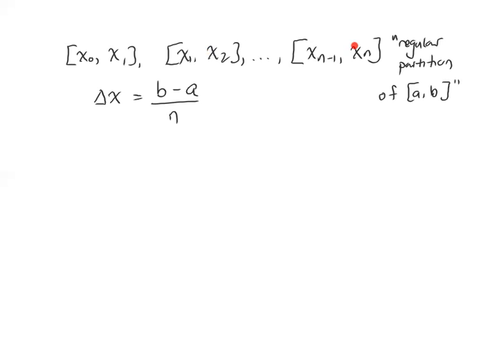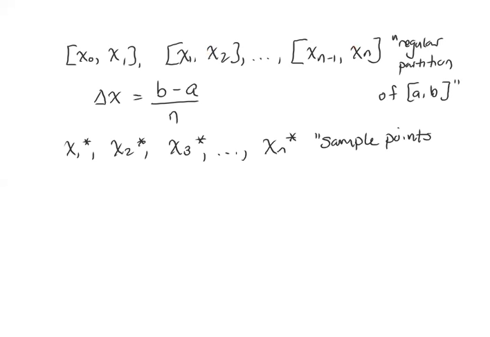So we'll call that a partition. And we would call x1 star, x2 star, x3 star, all the way to xn star, sample points. And we've talked about how to find those sample points prior to this, whether you use a right sum or a left sum or a midpoint.